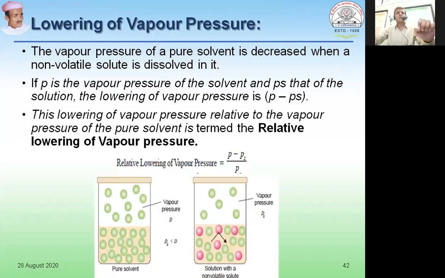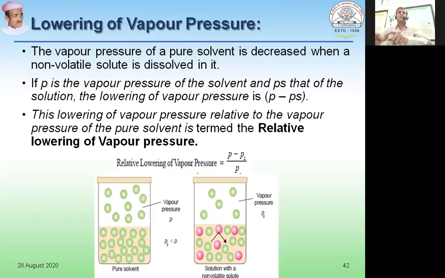This lowering is relative to the vapor pressure of the pure solvent, so it is termed the relative lowering of vapor pressure. When we compare how much lowering there is in the vapor pressure of the solution as compared to the vapor pressure of the pure solvent, it is known as relative lowering.